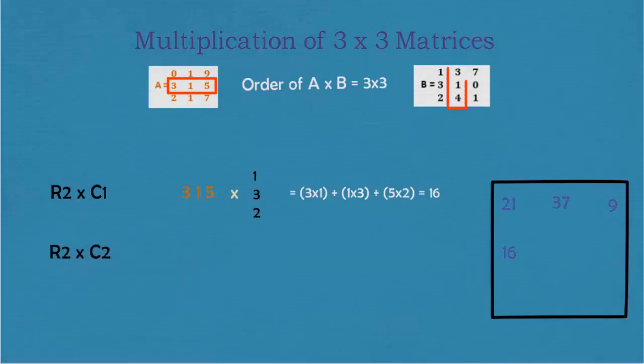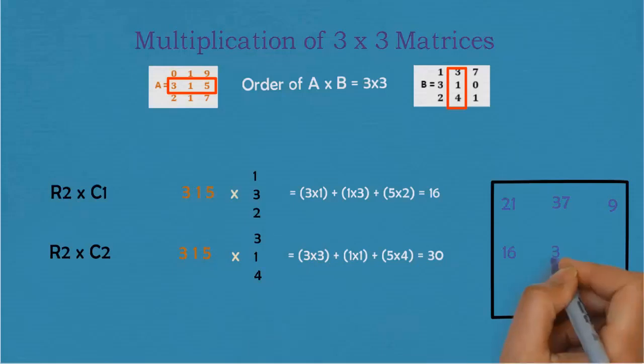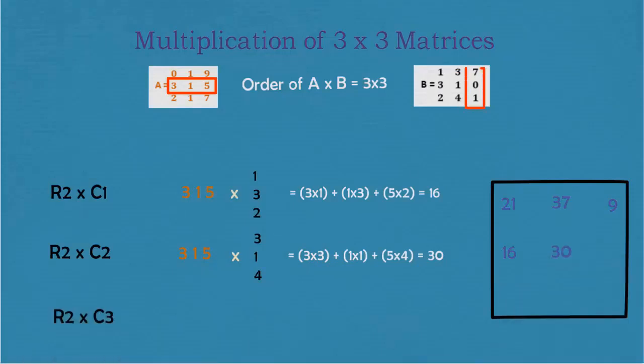Now multiplying the second row by the second column, 3, 1, 5 multiplied by 3, 1, 4 is equal to 3 times 3 plus 1 times 1 plus 5 times 4, which is equal to 30. Its position will be 2, 2. Now multiplying the second row by the third column, 3, 1, 5 multiplied by 7, 0, 1 is equal to 3 times 7 plus 1 times 0 plus 5 times 1, which is equal to 26. Its position will be 2, 3, because the second row and third column are multiplied.